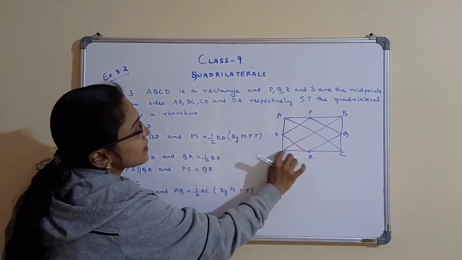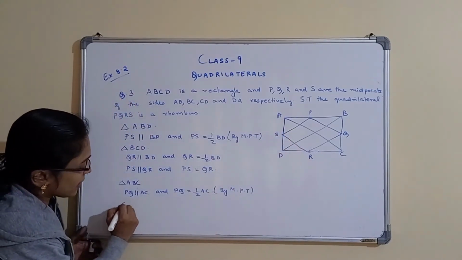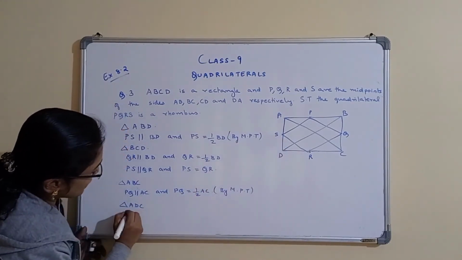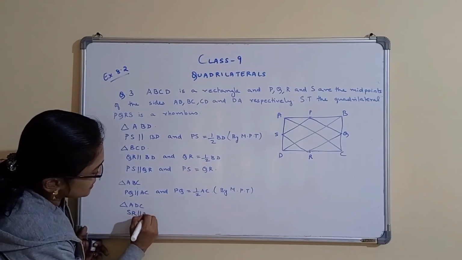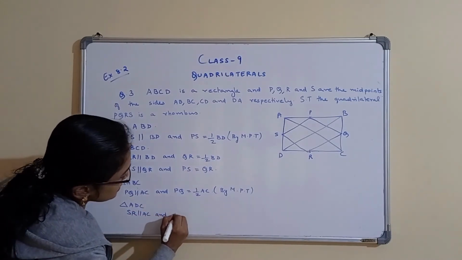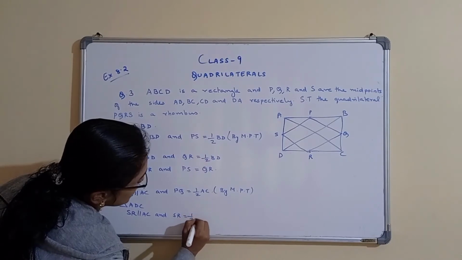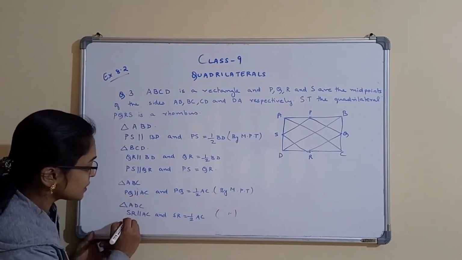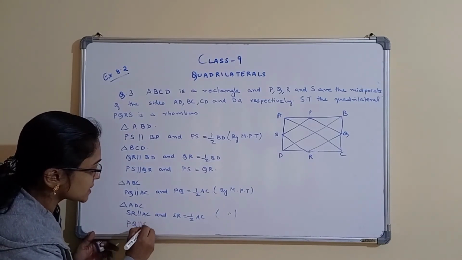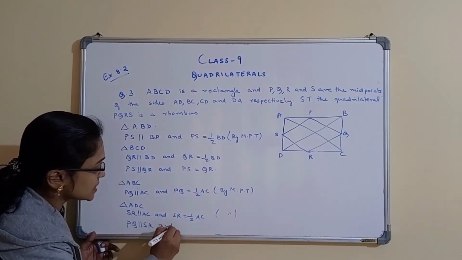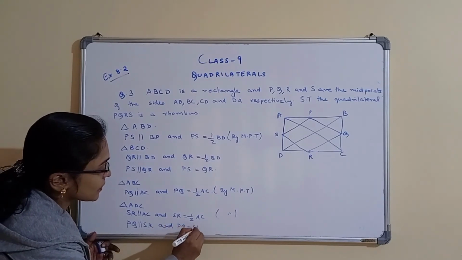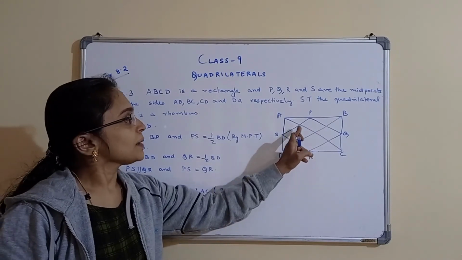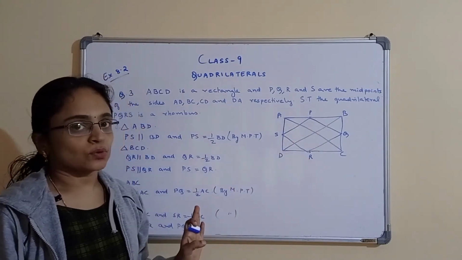And taking triangle ADC, we have SR is parallel to AC and SR is equal to half of AC. Same by midpoint theorem. So we got PQ is parallel to SR and PQ is equal to SR. Okay, so PQ is equal to SR and PQ parallel to SR. We got that also.